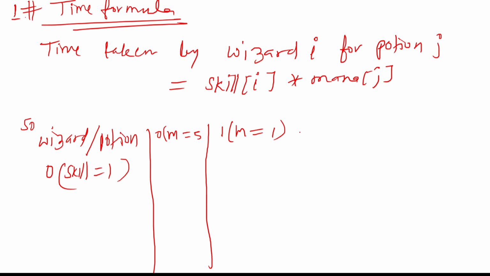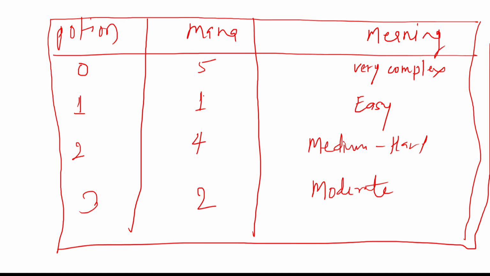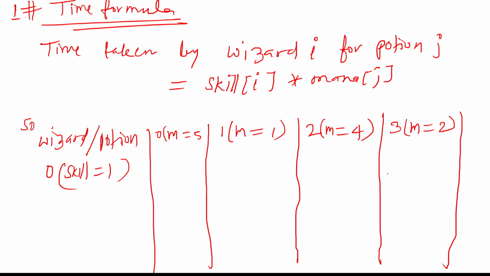Similarly, when we talk about 2, mana is 4. When we talk about 3, mana is equal to 2 we can take. So this is what we have given in the example. As you can see, 5 1 4 2.